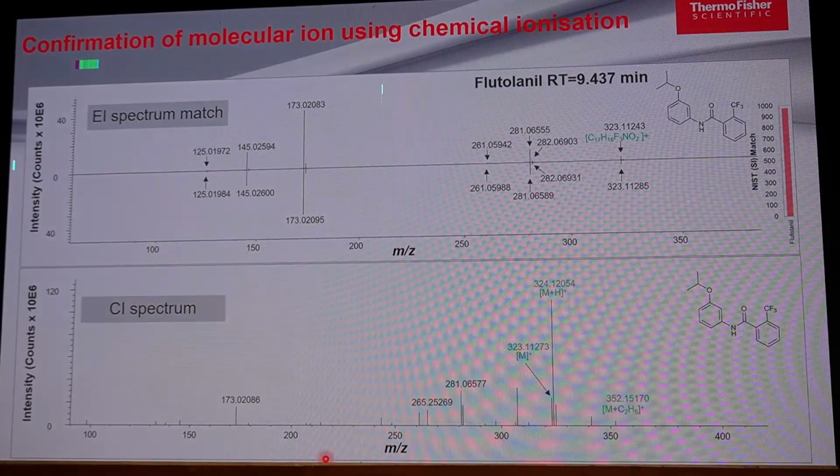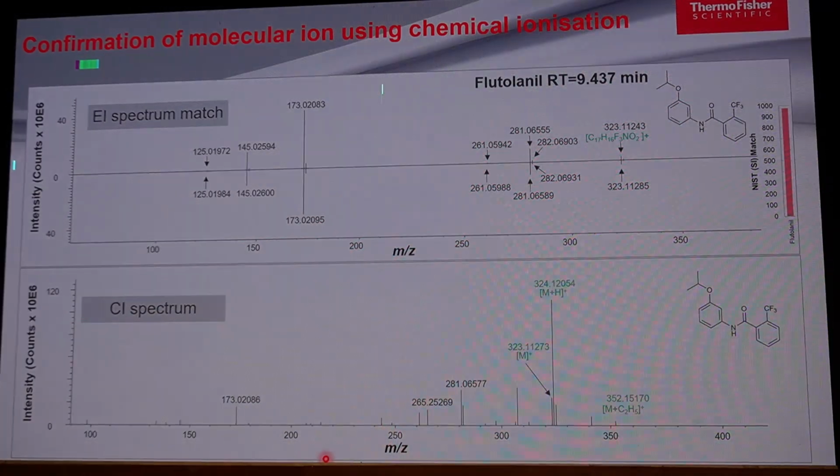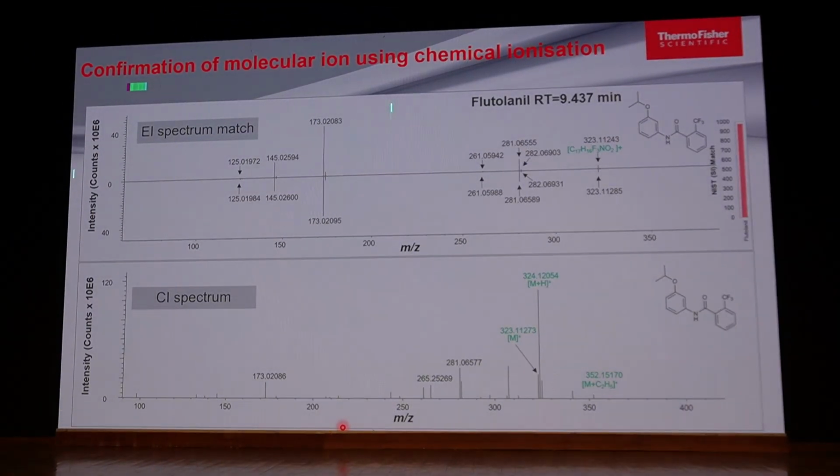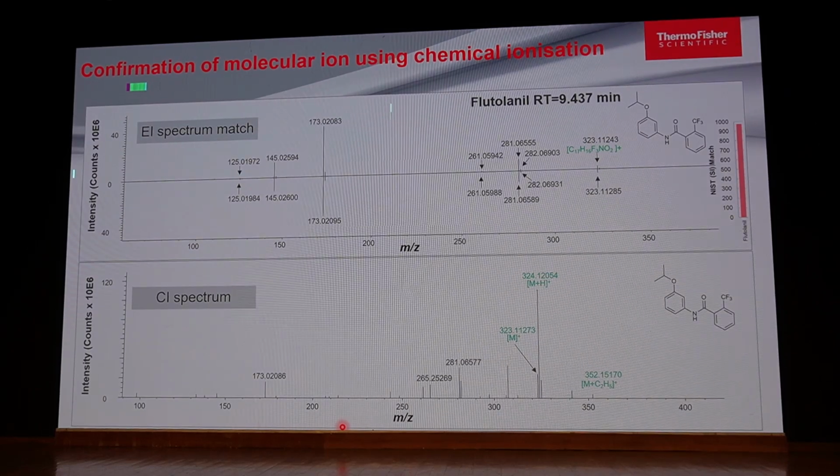Second thing here is confirmation. As I mentioned, lower is the chemical ionization spectra, above is the electron impact ionization spectra. You can get matching with respect to the NIST library, and you will see how that matching happens.